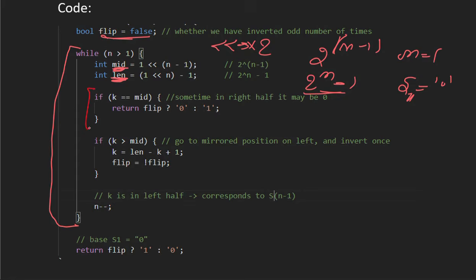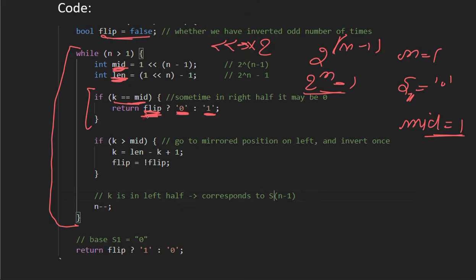Then we check the three cases. If k is equal to mid, then we check whether our flip is true. If it is true, then we return 0, else we return 1, because always our middle element is 1.